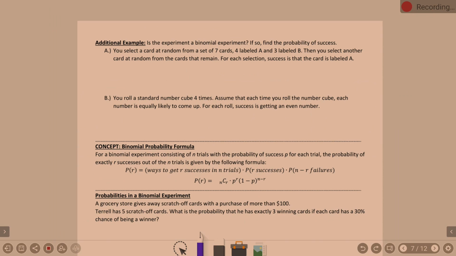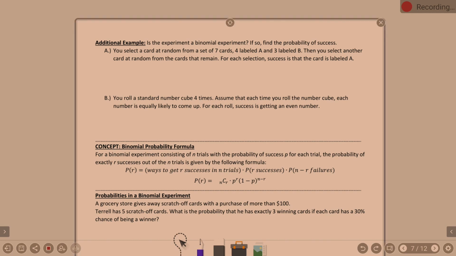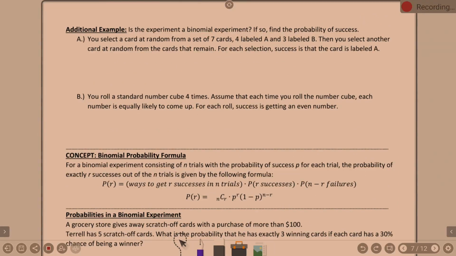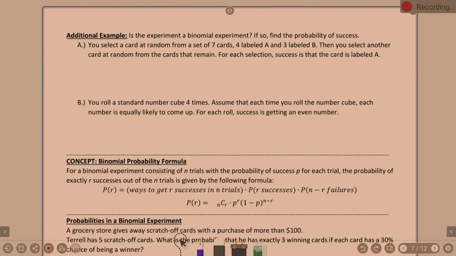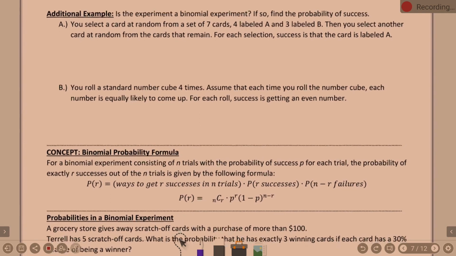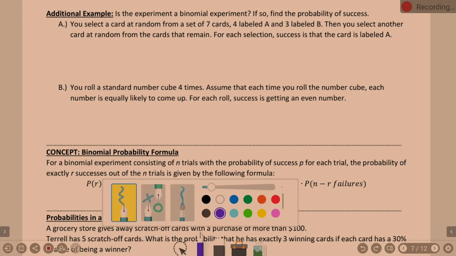Okay. Is the experiment a binomial experiment? If so, find the probability of success. And I think, you know what, I'm going to blow this up a little bit so I have a little bit more room to write. There we go. Okay, so is it a binomial experiment? So it has to meet those 3 criteria.